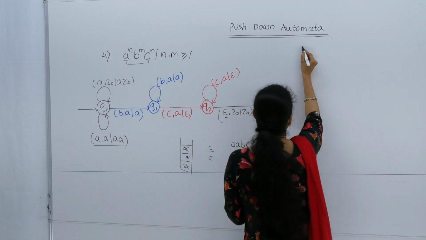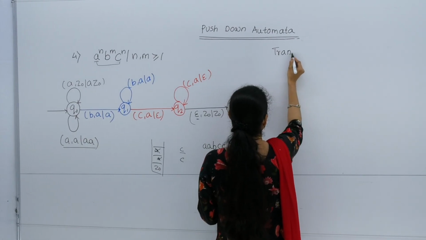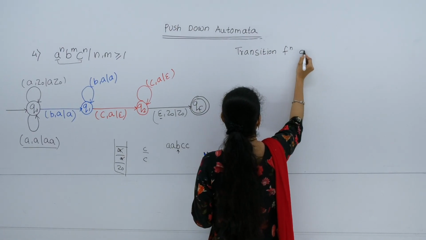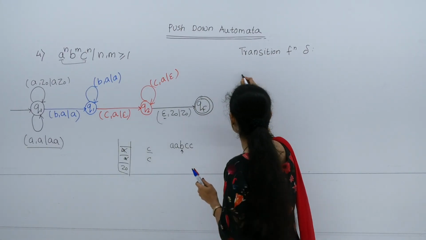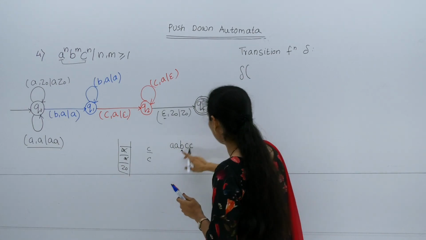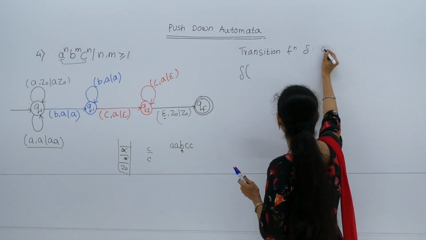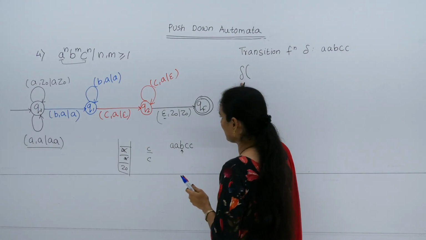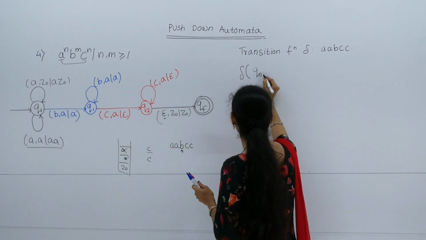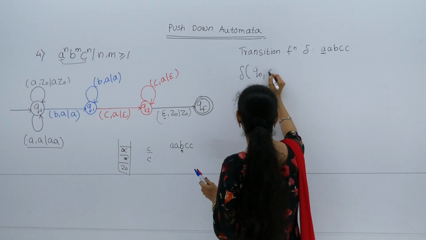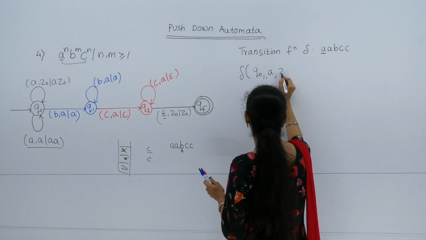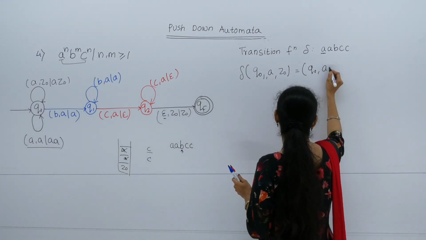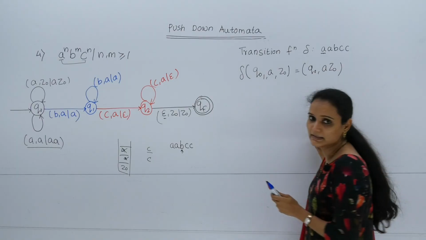Now we will see the transition function for the same example. Transition function delta. Which example are we going to see here? It is A, B, C, C. So delta: the first state is Q0, my input is A and top of the stack is Z0, it goes to Q0 and the stack contents are A, Z0.